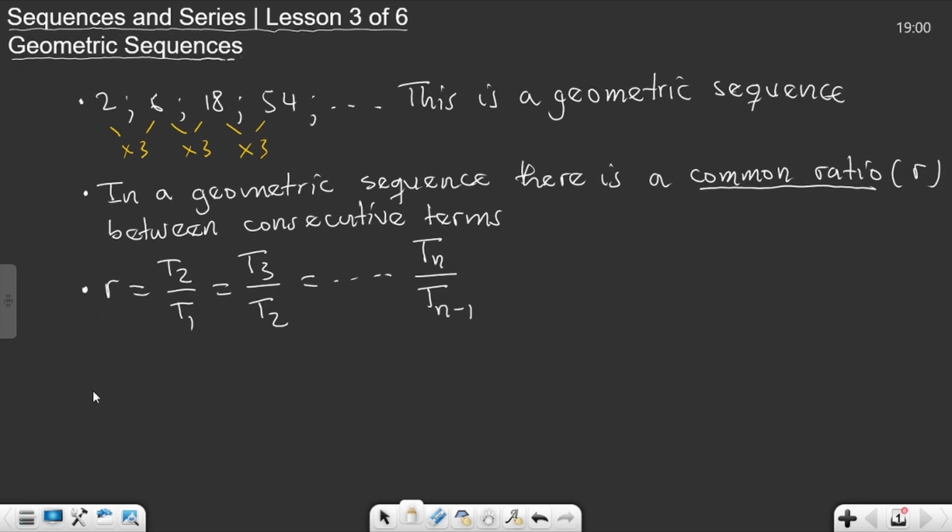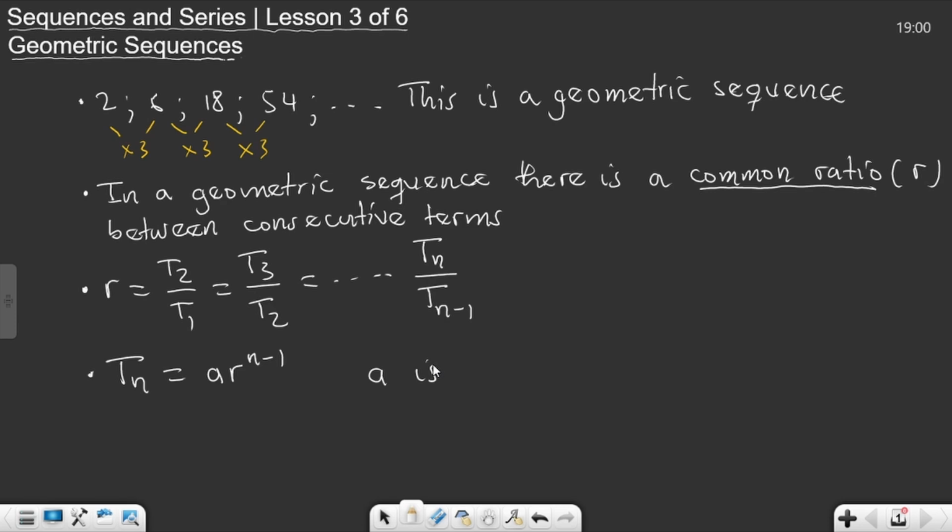And there is also this formula. If you want to find any term of the geometric sequence, we use this formula, which is Tn is equal to A times R to the power of n minus 1. So what are the letters in the formula?